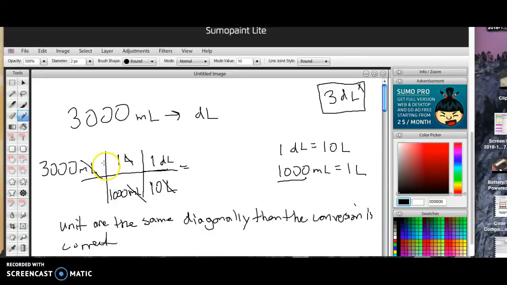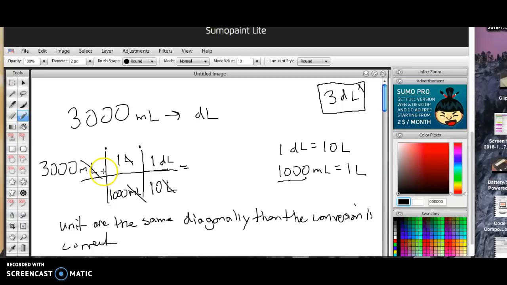Okay, so now I want you to look at this little line here and this little line here. These lines are going to represent multiplication. So everything that is next to each other, you're going to multiply. And everything that's on top of each other, you're going to divide. But we have more than 2 numbers here. So that means we have to simplify it first before we do any type of division.